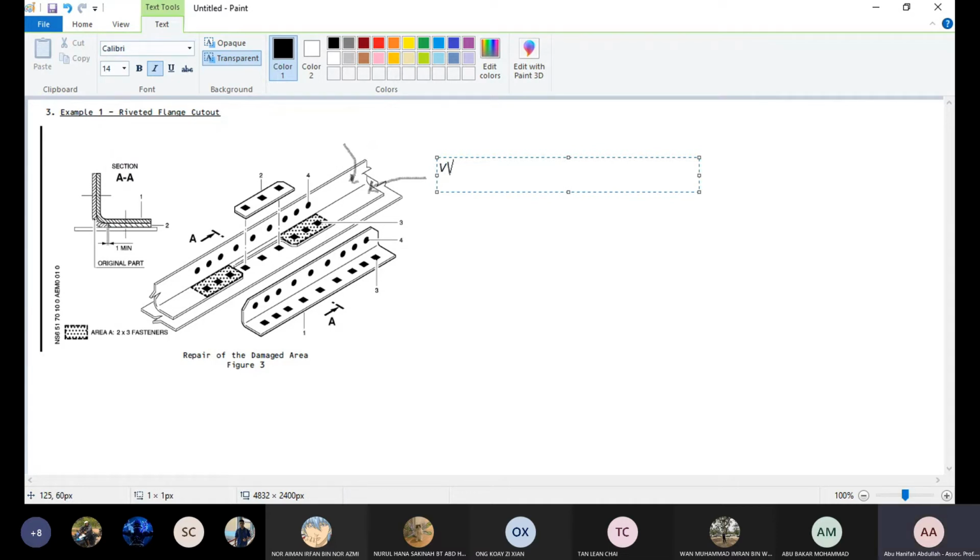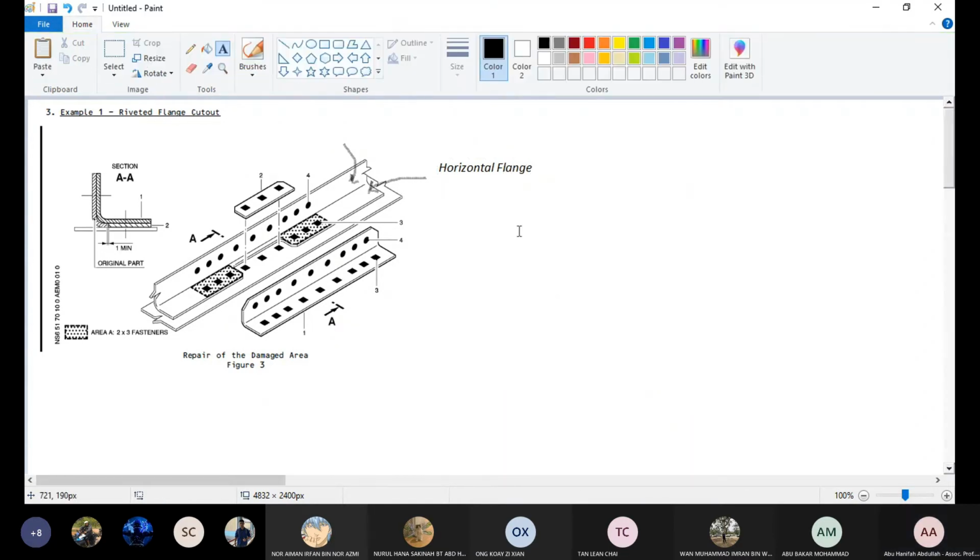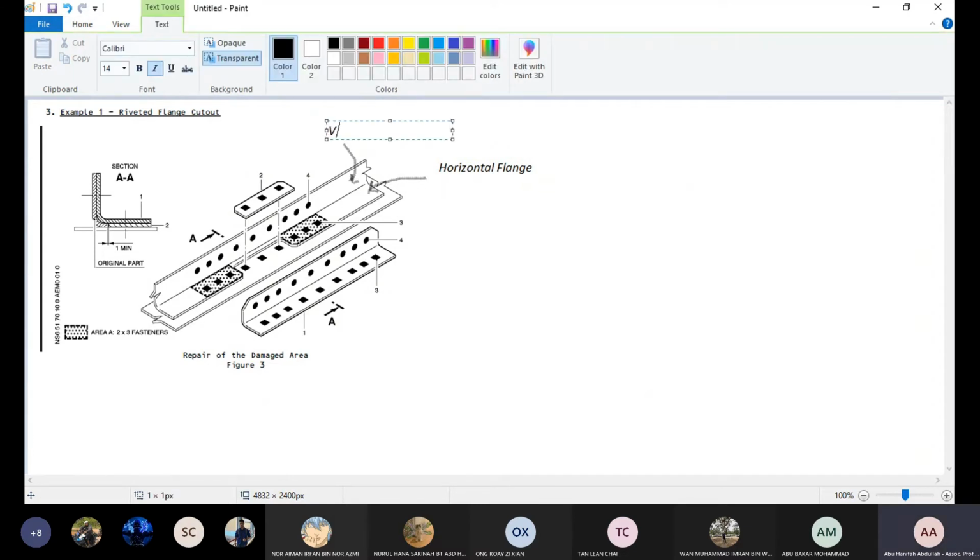This one is the horizontal flange. And the vertical one, this one we call it vertical flange.